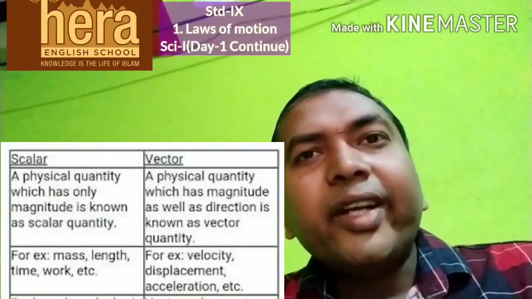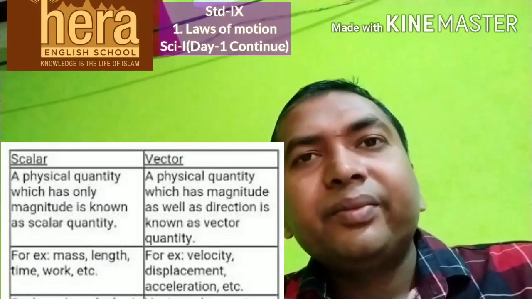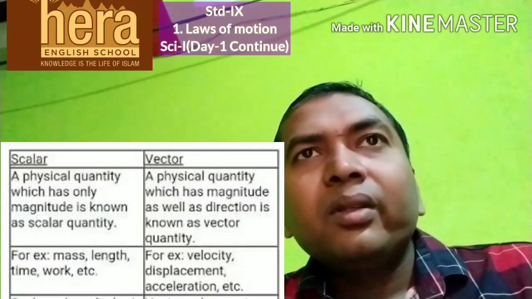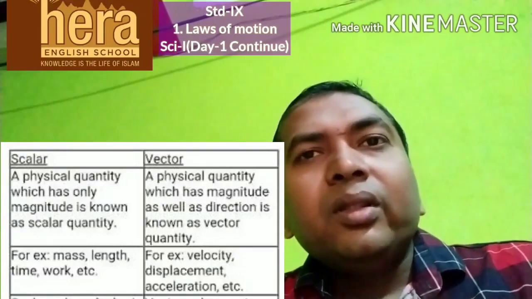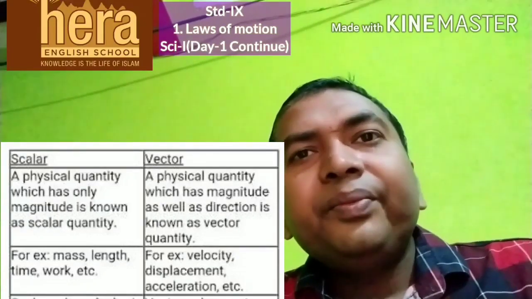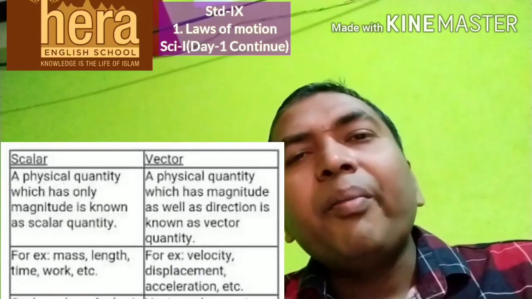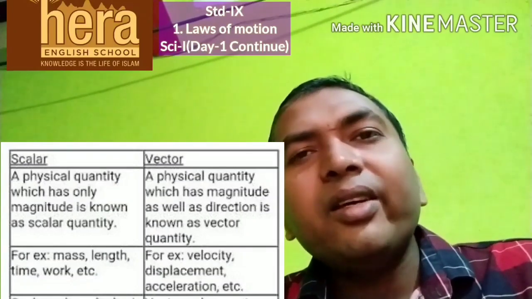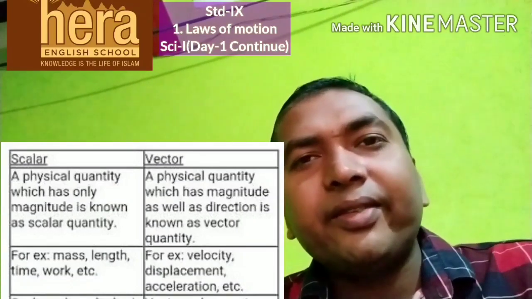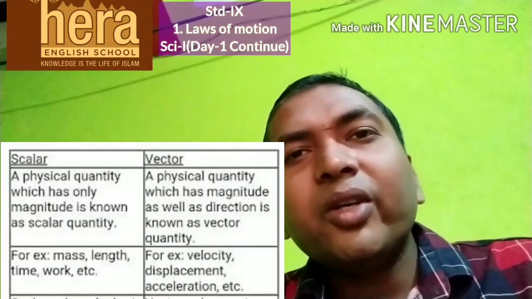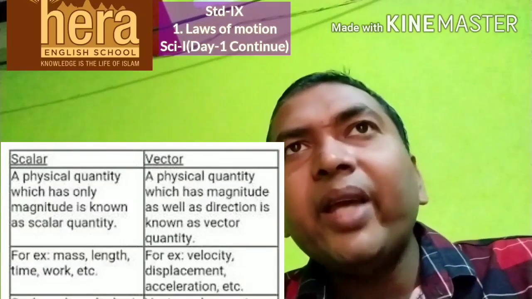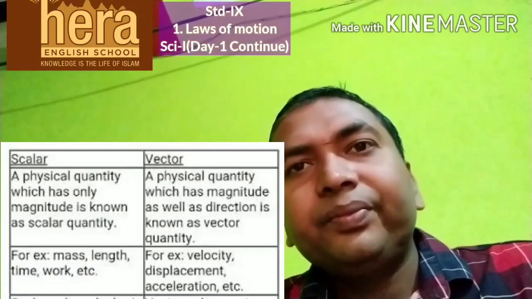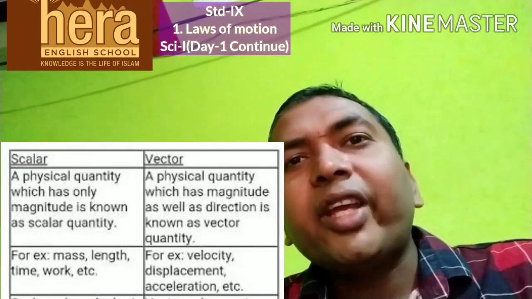So I define what is scalar and what is vector. Those physical quantities having only magnitude are known as scalar physical quantities, and those physical quantities that have magnitude as well as direction are called vector quantities.